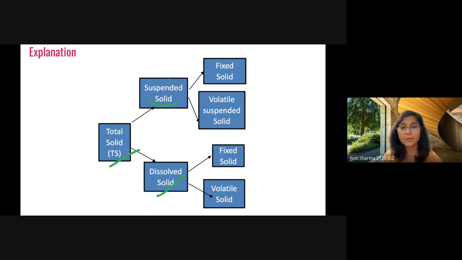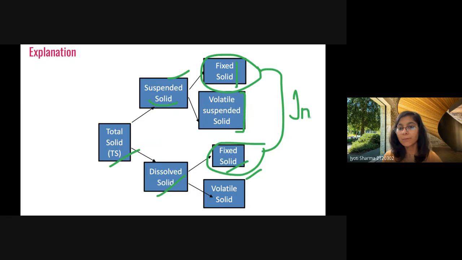So we have fixed suspended solid and volatile suspended solid. Under dissolved solid, we also have the fixed and the volatile solid. The fixed solids are made up of inorganic compounds, right? And that's how they can't be burned out. And these volatiles are made up of organic compounds. These are biodegradable and under combustion we can burn them out, right?